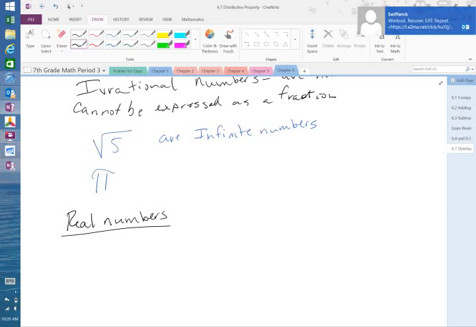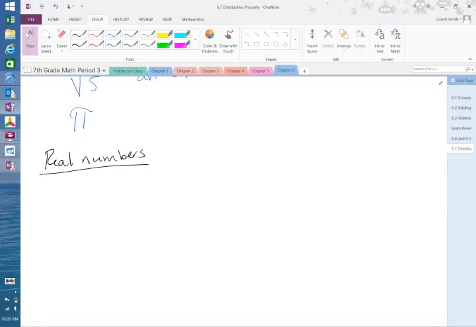Up to this point, we've only been talking about integers, the positive and negative counting numbers and 0. When we talk about real numbers, you're talking about all types of numbers: fractions, decimals, whole numbers. So you have to understand that there is negative 0.5, and there is negative 1 over 2.